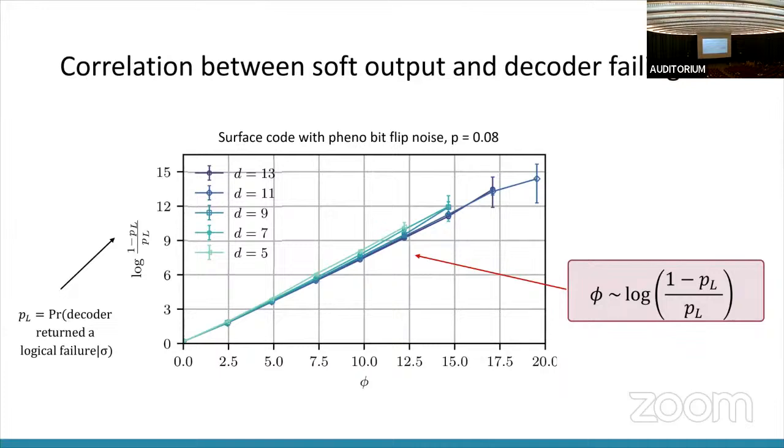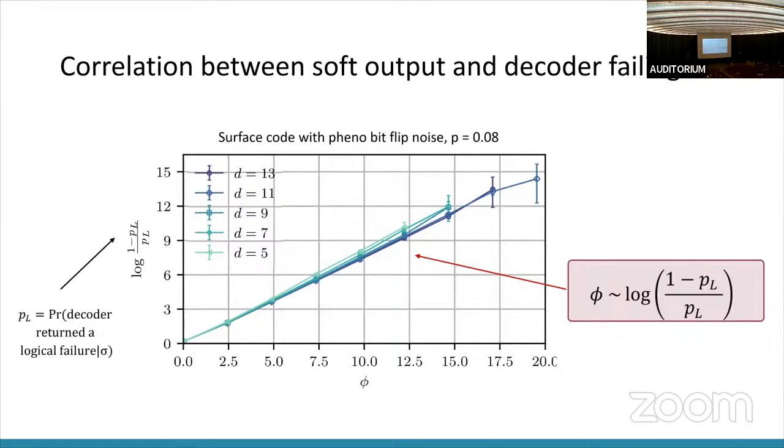So every single qubit has the same probability of having an X error. And we were able to show a pretty nice correlation between phi, that path length that we defined before, and the log likelihood ratio of the probability that the decoder returned a logical failure given the syndrome.